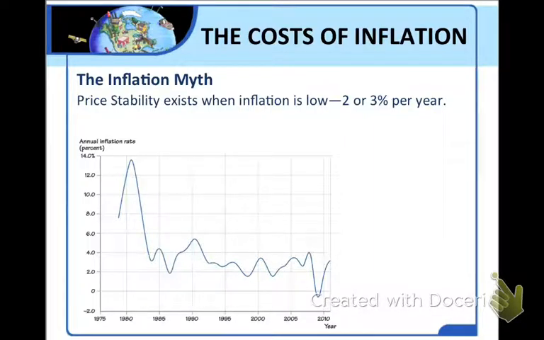Unfortunately, the U.S. economy has not always enjoyed price stability. Inflation has been a problem over several periods in the past century. Our most recent bout with high inflation occurred back during the late 1970s and early 1980s. As shown in this figure right here, you can see that since the 1990s and 2000s, we've been experiencing relatively low inflation.